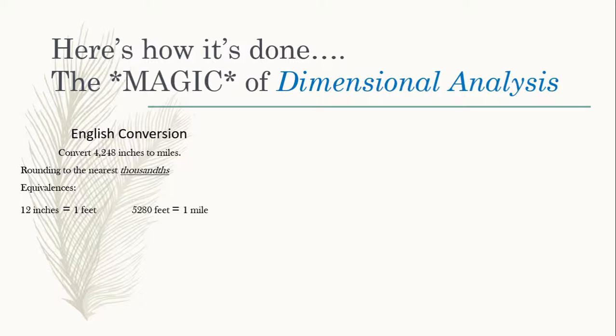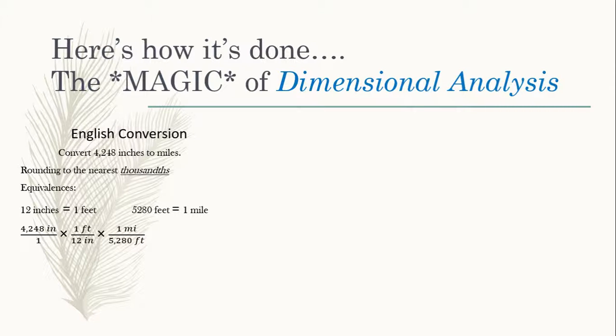So first of all, we figure out the equivalences that are needed, which is 12 inches equals a foot and 5,280 feet equals a mile. Then we set the conversion factors like so. The original or given units are written first, and then the equivalent statements.